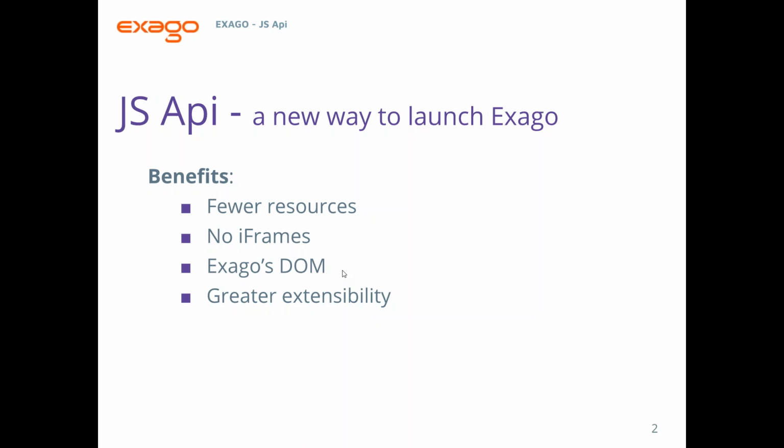We've changed our CSS classes, so there shouldn't be any conflicts there. But it gives you greater possibility for extensibility, because from the host application, you can navigate Exago's DOM, you could insert buttons or items or actions beyond the existing action events. We're not going to go into those more complex theoretical cases. We're just going to show some of the base cases here today.